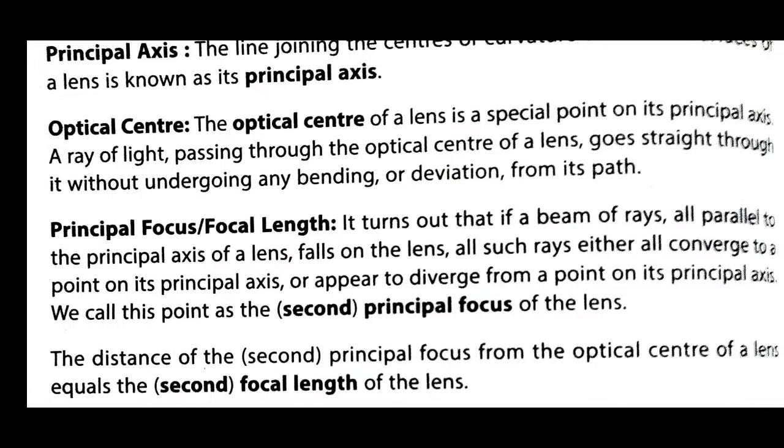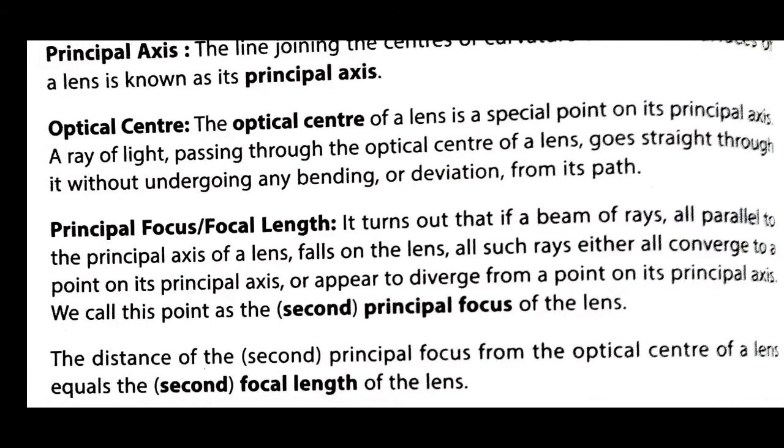Optical center is the only point which produces no deviation in the rays. It means if any ray is incident on the lens, then it must be deviated from its original path.